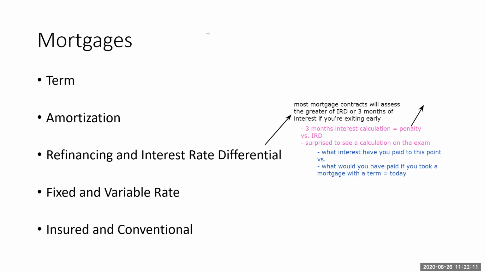It's only on fixed rate that we have to do the IRD calculation. I'll say almost always, not necessarily 100%, but variable rate almost always uses the 3 months, okay? You could theoretically do an IRD on variable rate, but it would be a weird calculation to do. Okay, that's good.